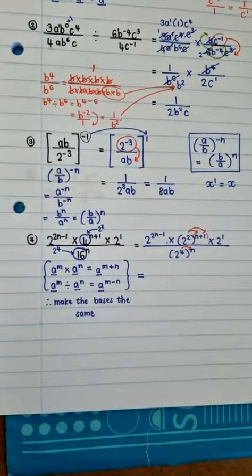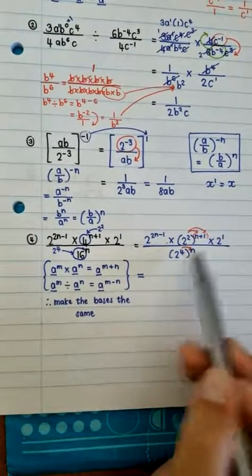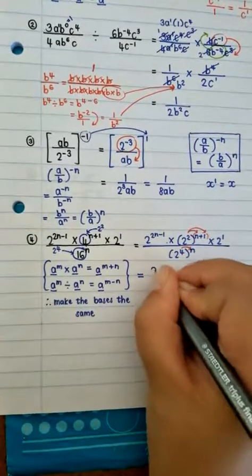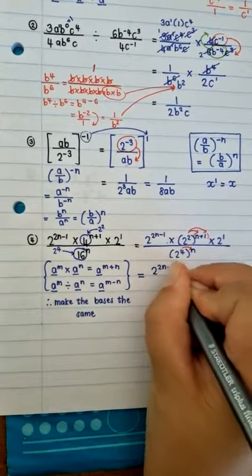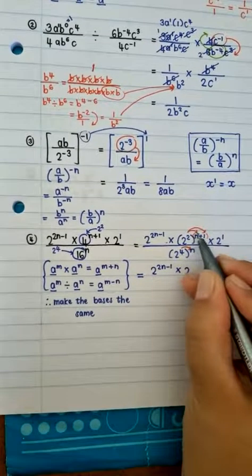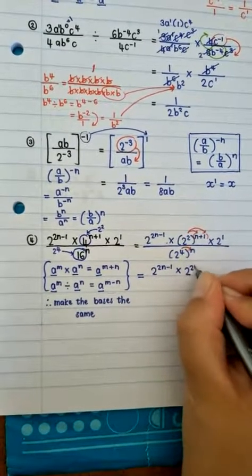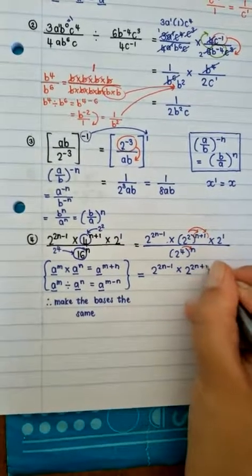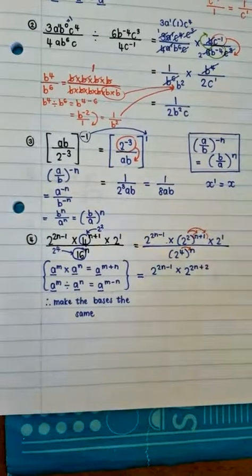Okay, so the next step is us just getting rid of these brackets around these powers of 2. So we have a 2 to the 2n minus 1 over there times 2 to the power of 2 times n is also 2n. And then 2 times positive 1 is plus 2. Right.